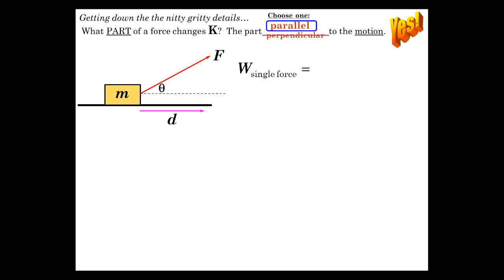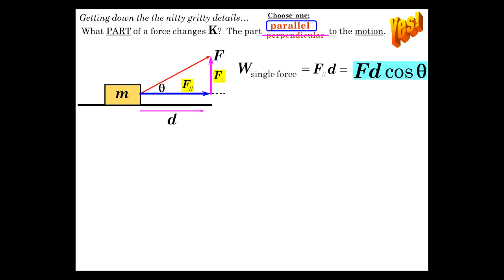Well, the work done by a single force is simply the part of the force that's in the direction of the displacement. So we have the parallel part, the same direction as the displacement. And we have the perpendicular part. That does nothing to change the kinetic energy of the block, and therefore it does no work.